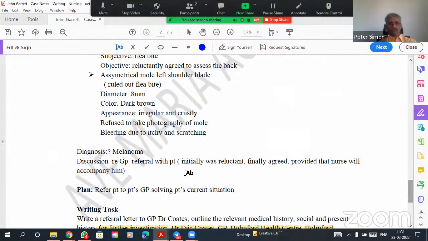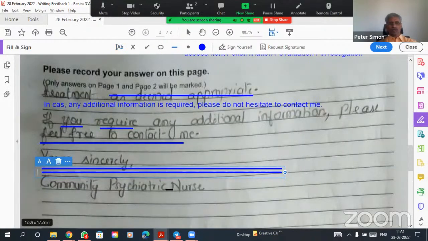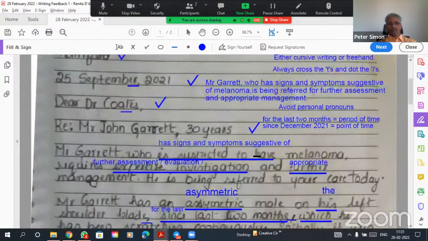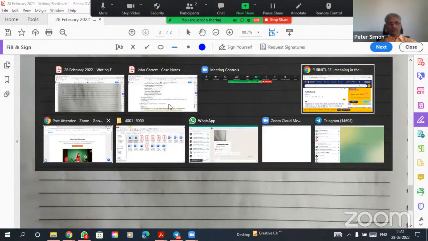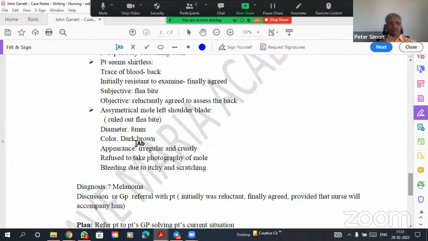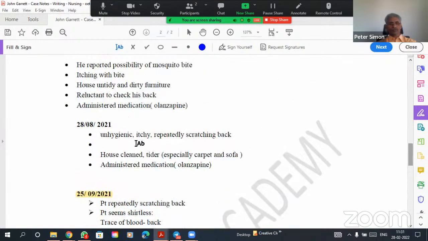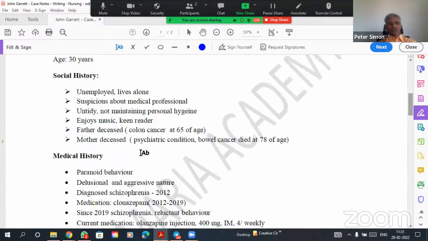Write a letter to them. Okay, you are a community psychiatric nurse. Okay, let us see there. So, in the beginning, it will be there.